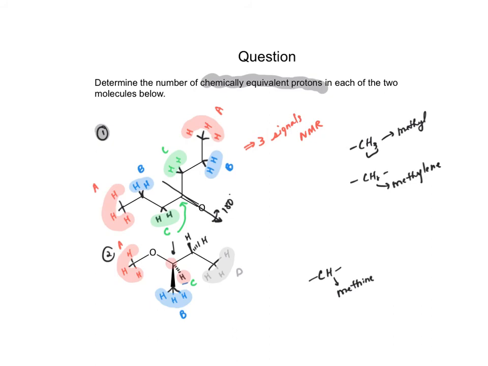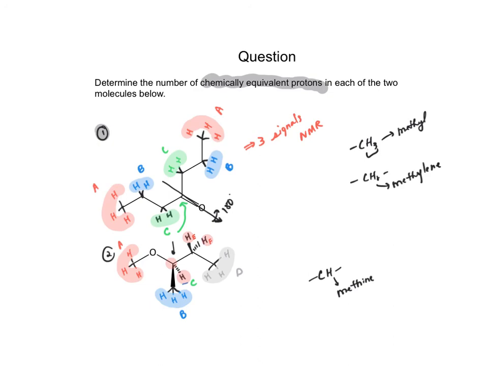So because of that, this guy and this guy are not chemically equivalent. They are distinct, and they will give rise to their own separate signals. So instead of those two being equivalent, because of the presence of that chirality center, we do have a separate signal for what we'll call HE, and then a separate signal for HF, right?